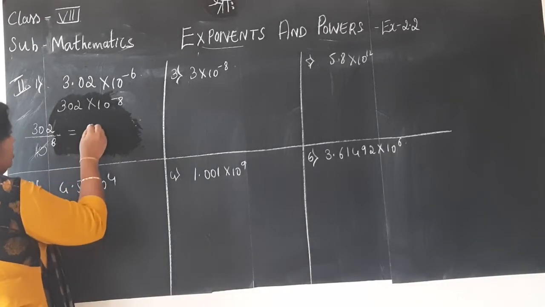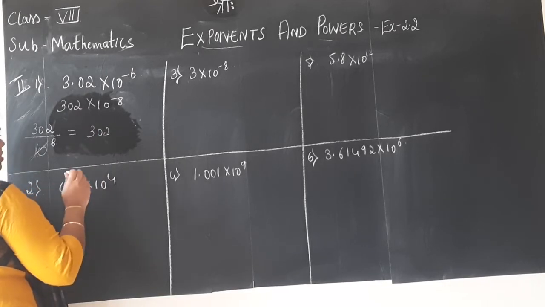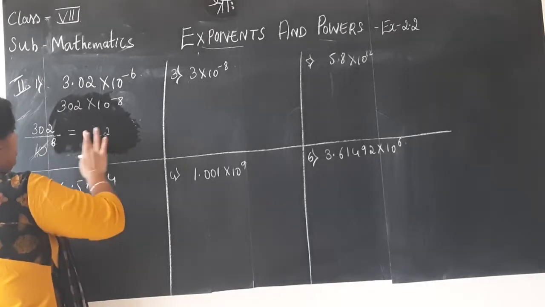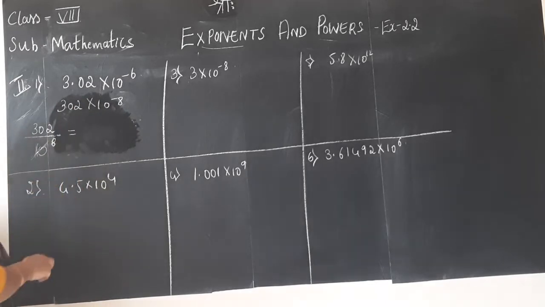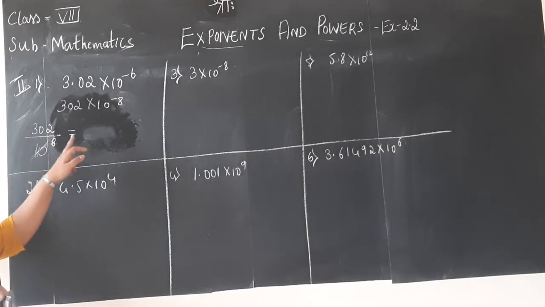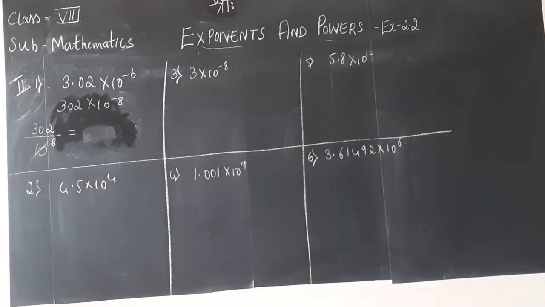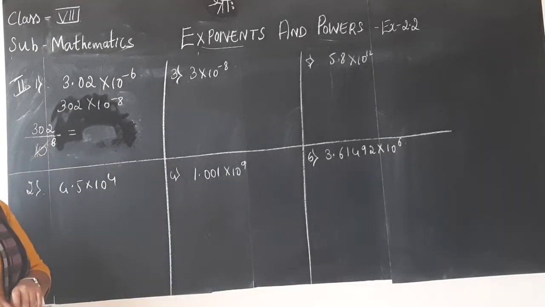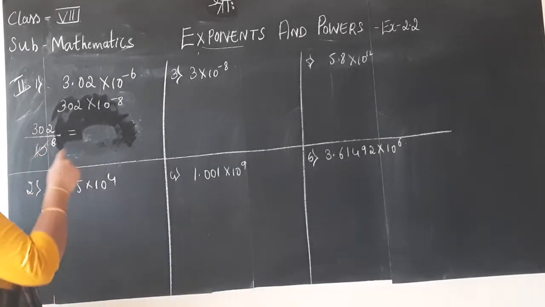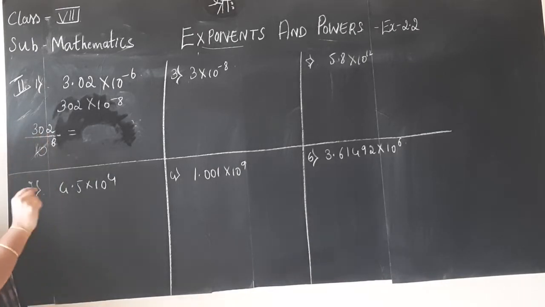So that is equal to 302 as it is, children. Wait, before that, how did we used to write 10 to the power 8 there? We used to count after the decimal point how many digits are there, and that many digits was written as the exponent. If we think in that logic, how many digits are there in the numerator?